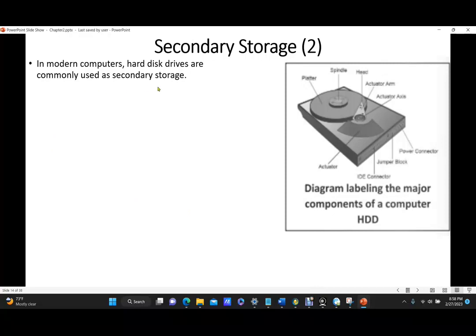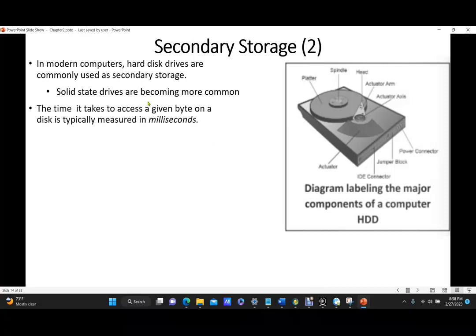Hard disk drives are a common secondary storage medium, although solid state drives, SSDs, are becoming more and more common. The time it takes to access a byte on disk is in milliseconds.